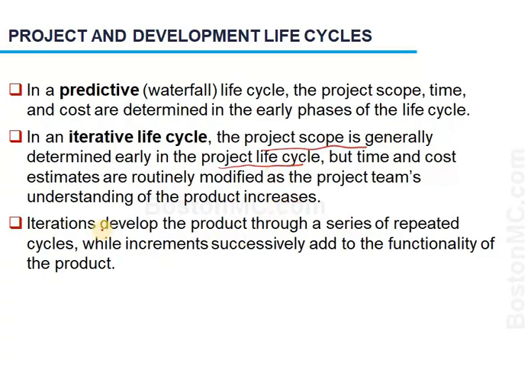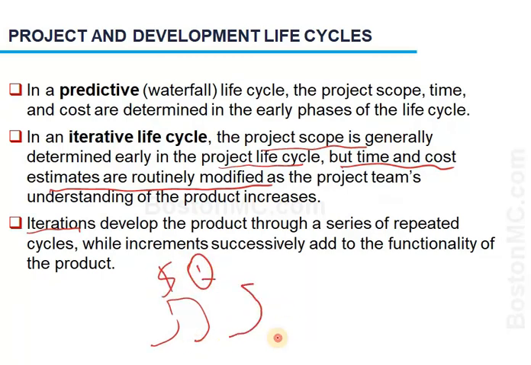And then as we complete every iteration, we adjust our estimates. Time and cost estimates are routinely modified as we get to know more about the project, similar to what they refer to as rolling wave planning, where at the end of every wave or phase, we adjust the time and money estimates, and then as the next wave is completed, we do the same thing.